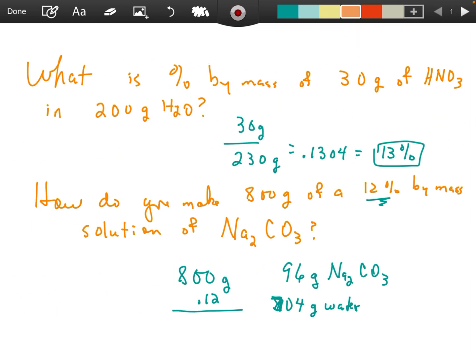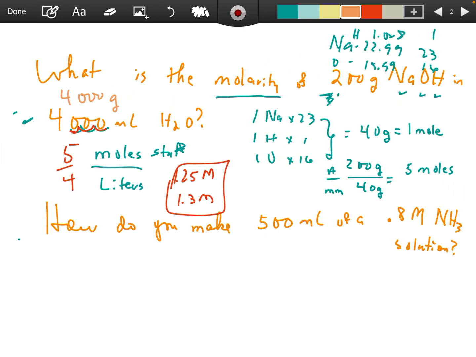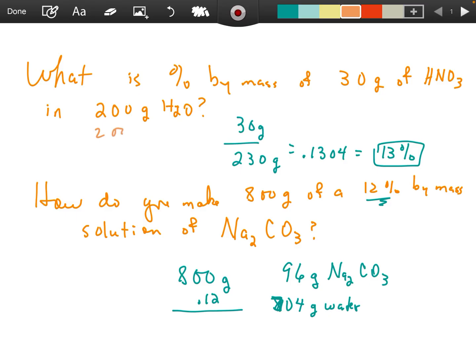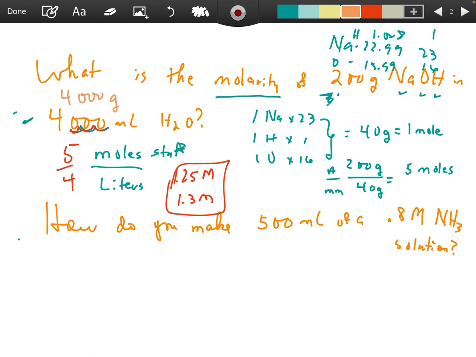But don't start moving the decimal 3 spots every time you have some water. You didn't move it 3 spots here. You move it there because you have to change it to liters. This is 200 milliliters of water, but we're not doing a comparison of grams to liters. So be aware of that.